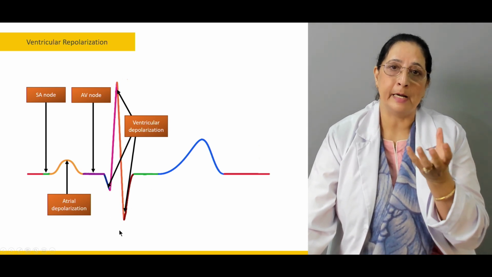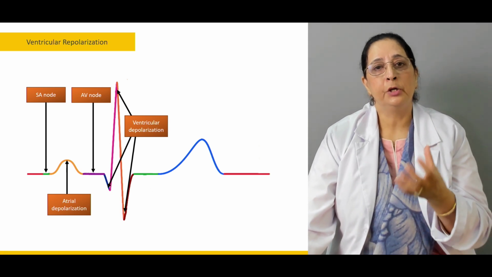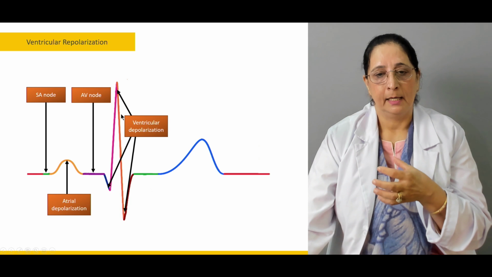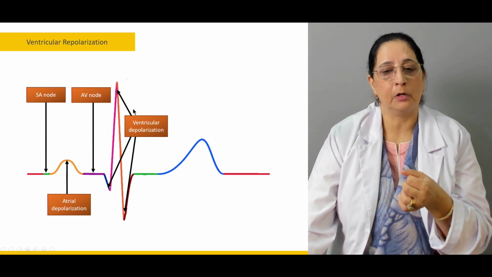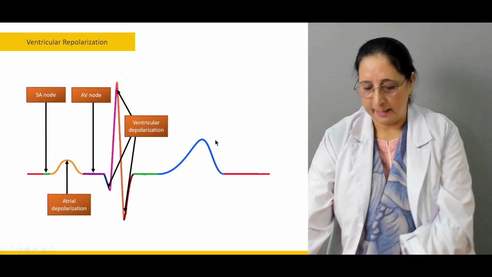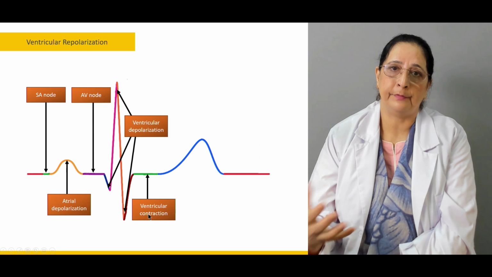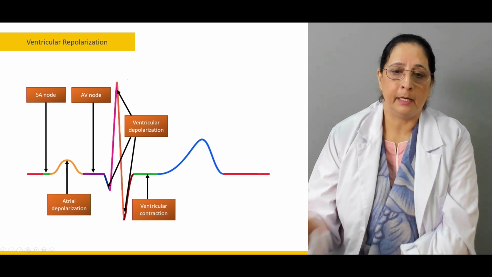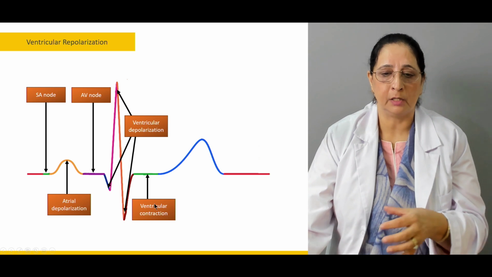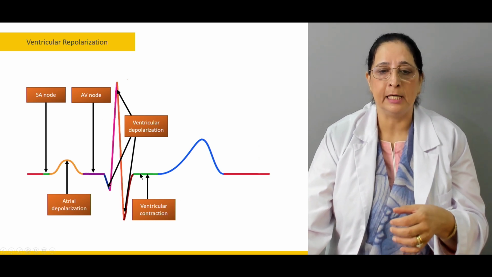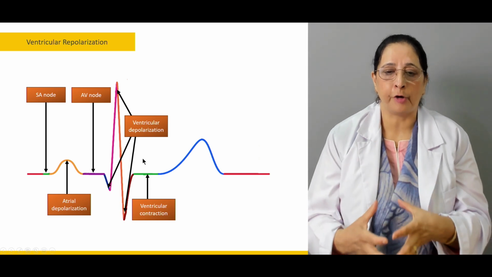So it's a complex of three waves, known as the QRS complex. And this is due to the depolarization of the ventricle. Then we have the ventricular contraction after the QRS complex. This whole part is the ventricular contraction, or depolarization, when the ventricle contracts.